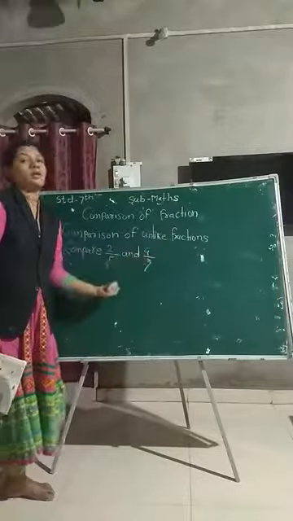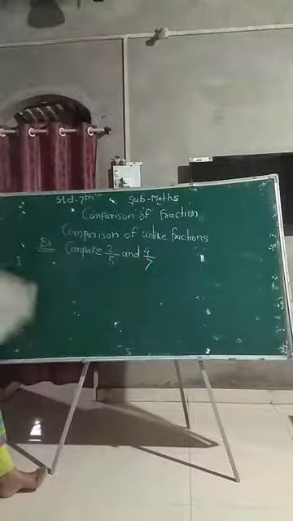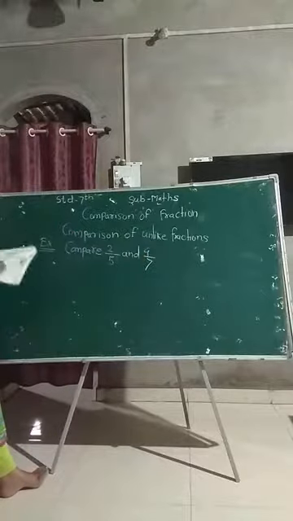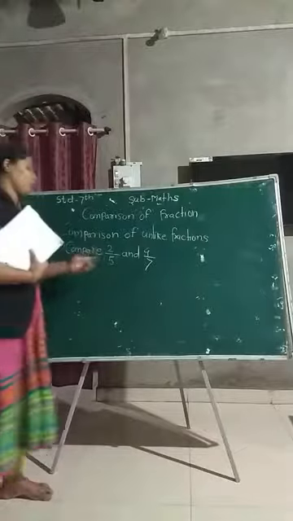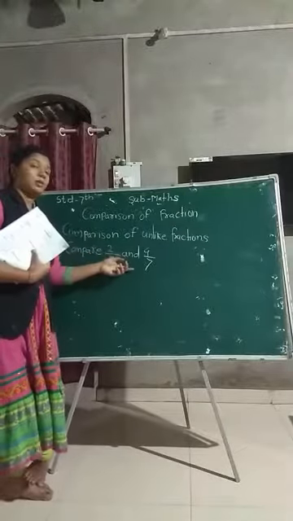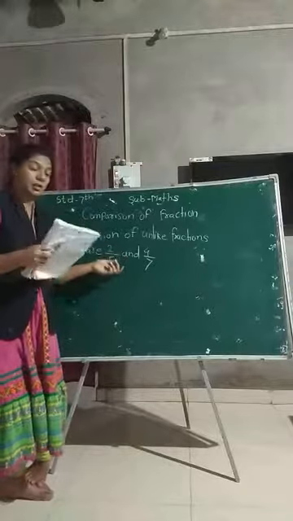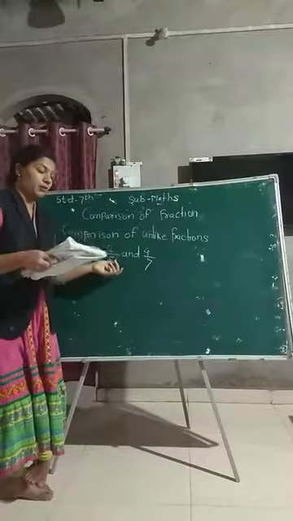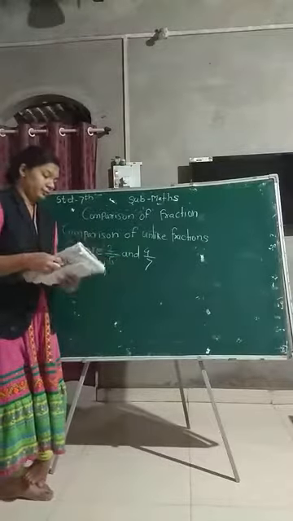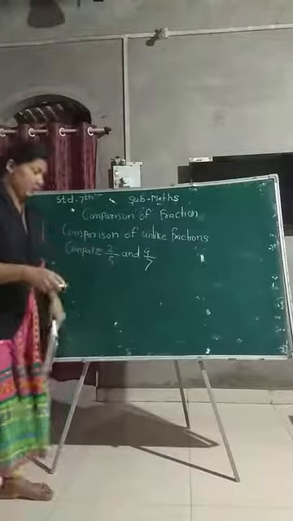Then we get the same denominator. The LCM of 5 and 7 is 35, so we multiply both numbers by this and cross multiply here.